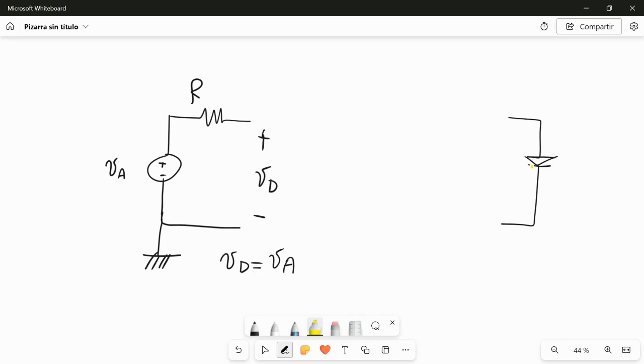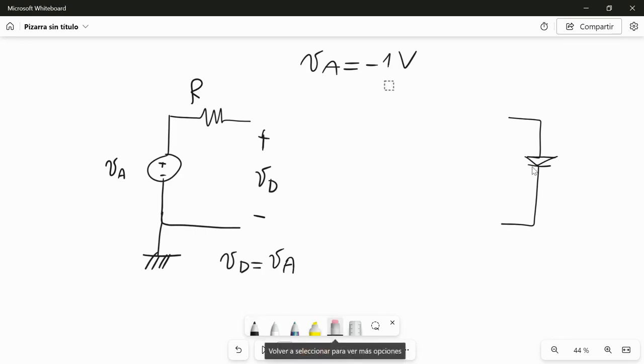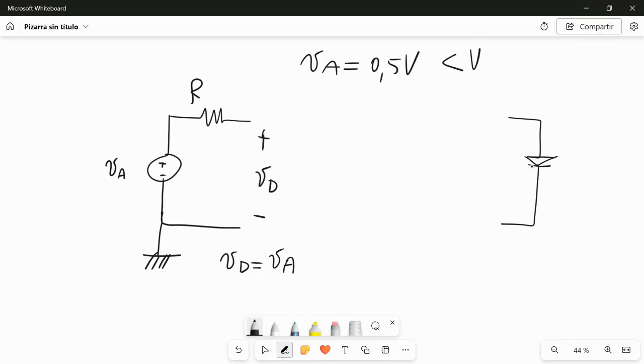So the voltage seen at this point is VA. In this case, let's consider VA equal to, let's say, 0.5 volt, for example. This is less than VF, so our diode is off.